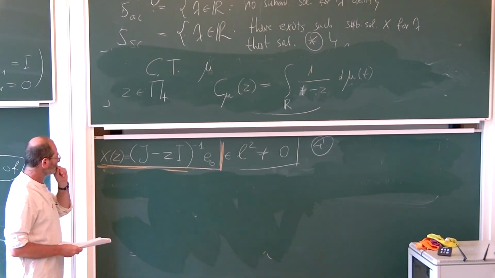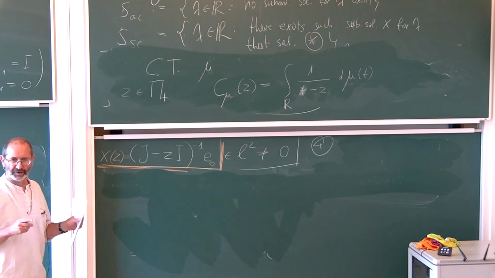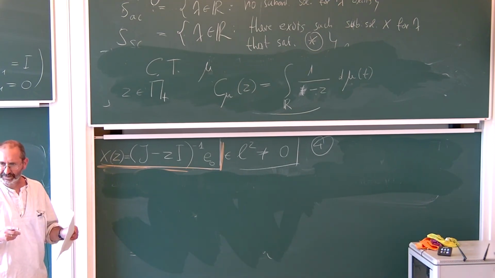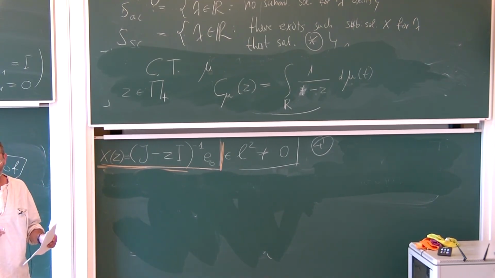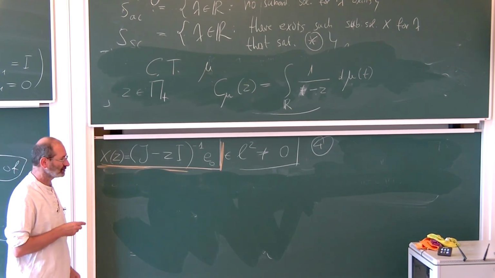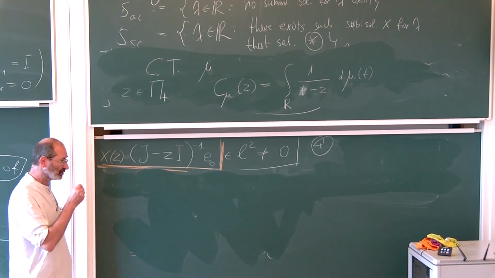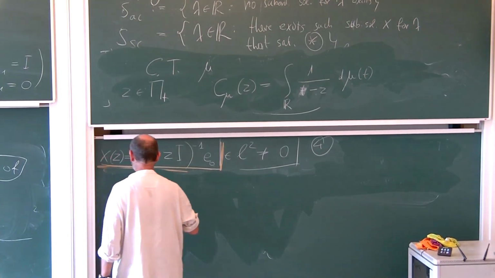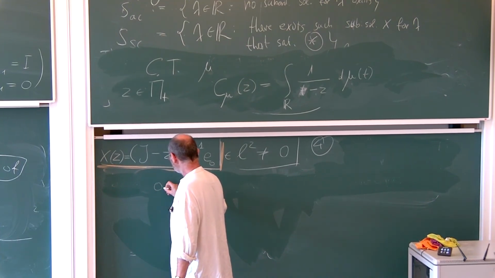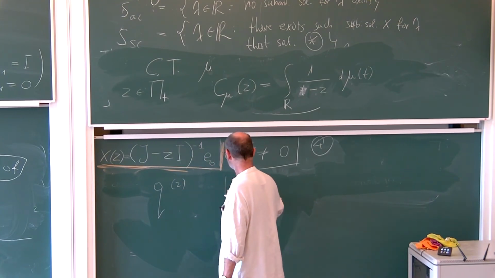This vector belongs to the two-dimensional space of generalized eigenvectors. So we can choose a base of this space, which should have two elements. And the typical base, which was not used in the original proof, but it's more convenient to take, consists of two solutions, Q of z and P of z.